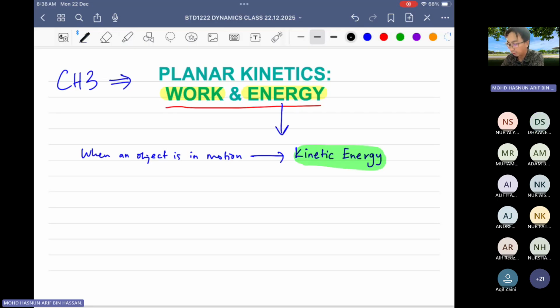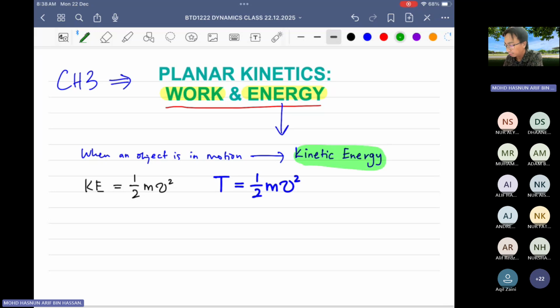Previously you may have called it KE, which is equal to 1/2 mv square. In dynamics, we use the symbol T. So kinetic energy T is equal to 1/2 mv square.